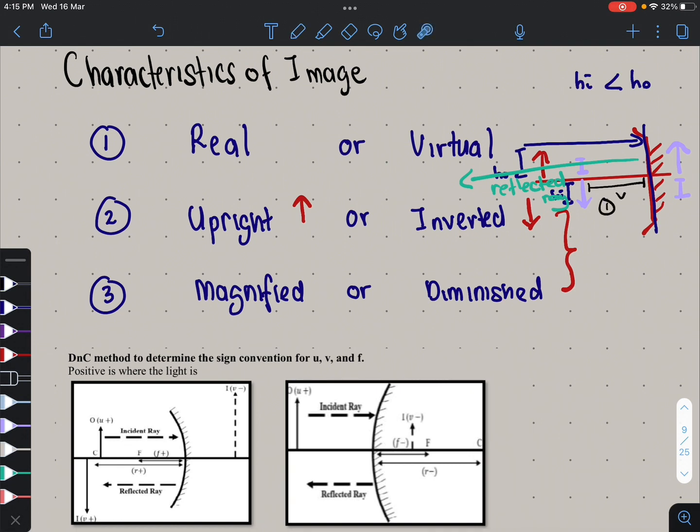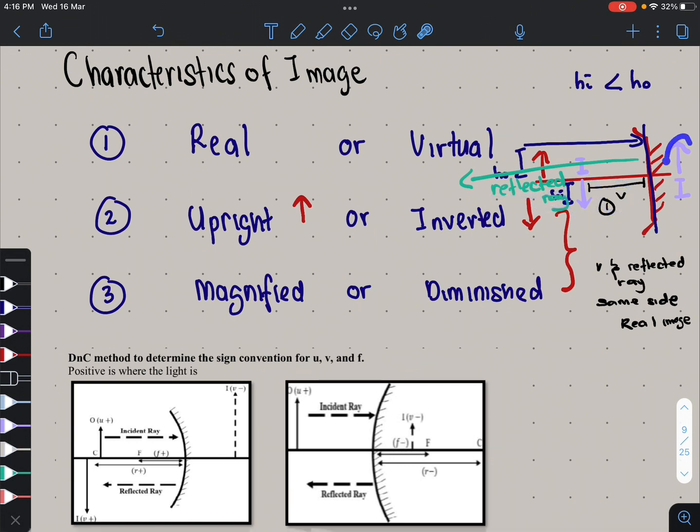Okay, for this case, image kita dan reflected ray are on the same side. So, kalau same side, V and reflected ray same side, kita cakap dia adalah real image. Okay, the image yang kita form dekat sini, kita panggil dia real image because the reflected ray and the image are on the same side.